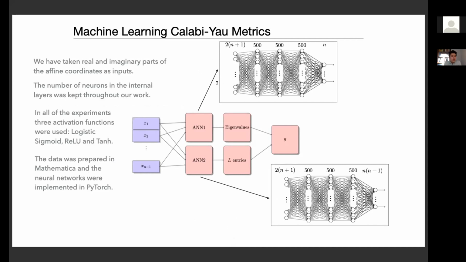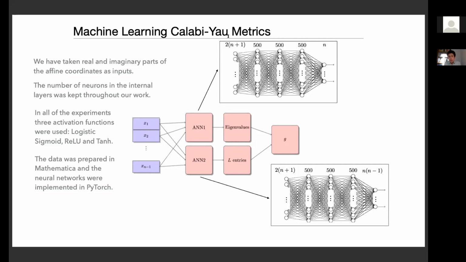As I said, we have taken real and imaginary parts of the affine coordinates as inputs. The number of neurons in the internal layers of each neural network was kept fixed throughout our work. This we didn't change depending on the Calabi-Yau we were considering, and we fixed it to 500 neurons in 3 internal layers.